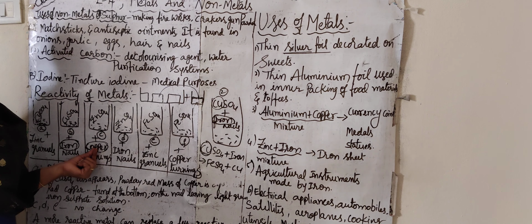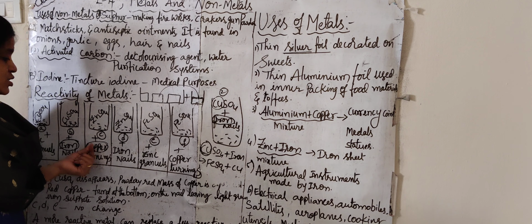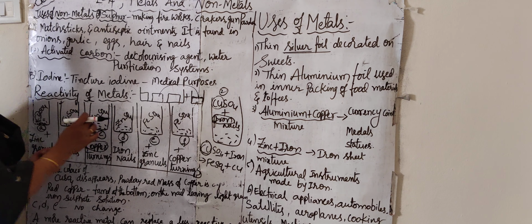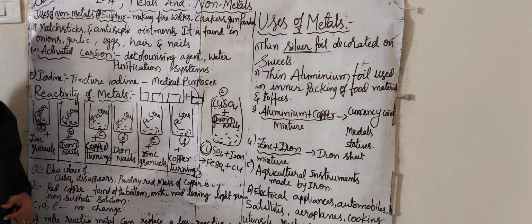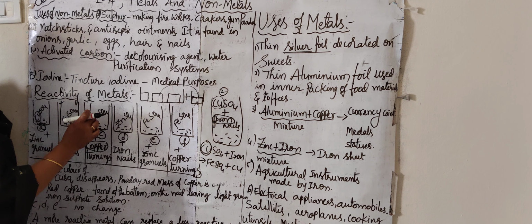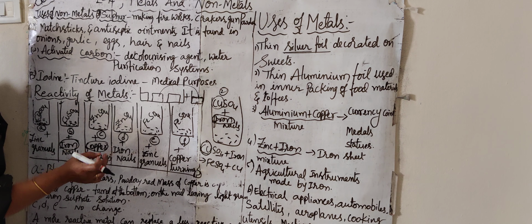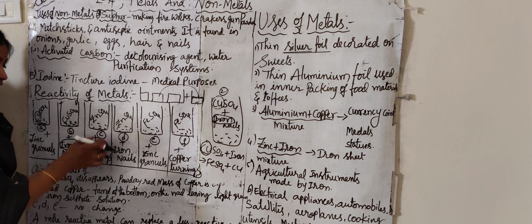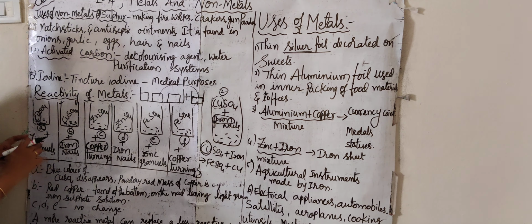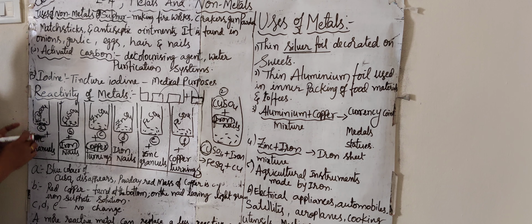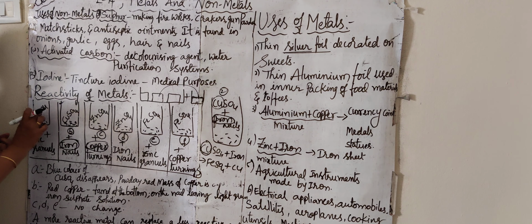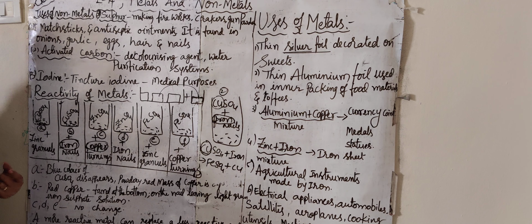This metal is less reactive, weaker. So being weaker, it cannot pull zinc metal from the zinc sulfate. So copper is less reactive and zinc is more reactive. So less reactive metals cannot replace more reactive metals. But here copper is less reactive and zinc is more reactive. So more reactive metals can replace less reactive metals.